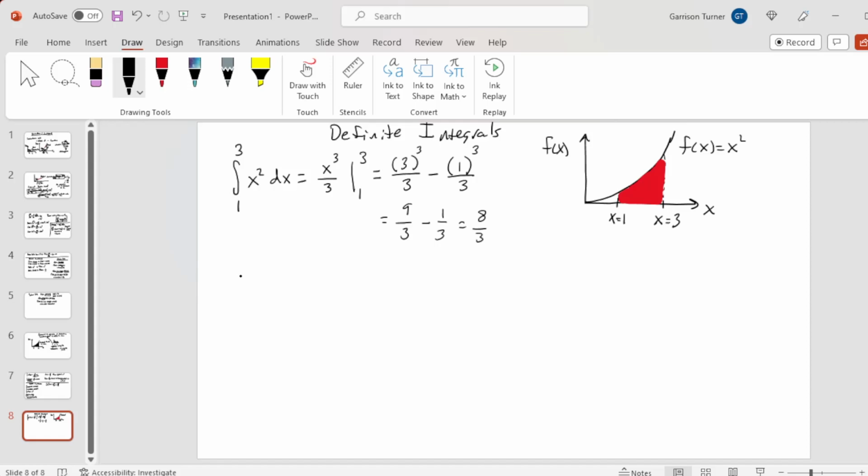Let's do another example here. Let's evaluate the cosine function from 0 to pi halves. That's a terrible pi. That's a much better pi.